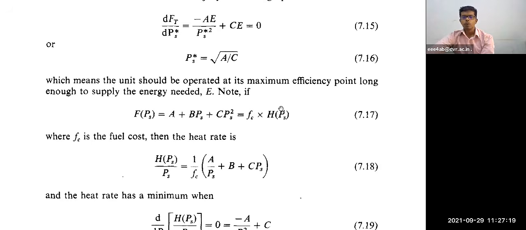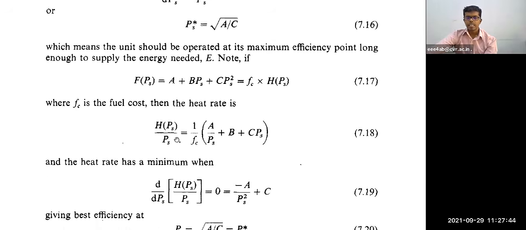You know very well that the heat rate into fuel cost is nothing but fuel cost. So here f of Ps star is the total fuel cost of the steam power generation. So that you already know.